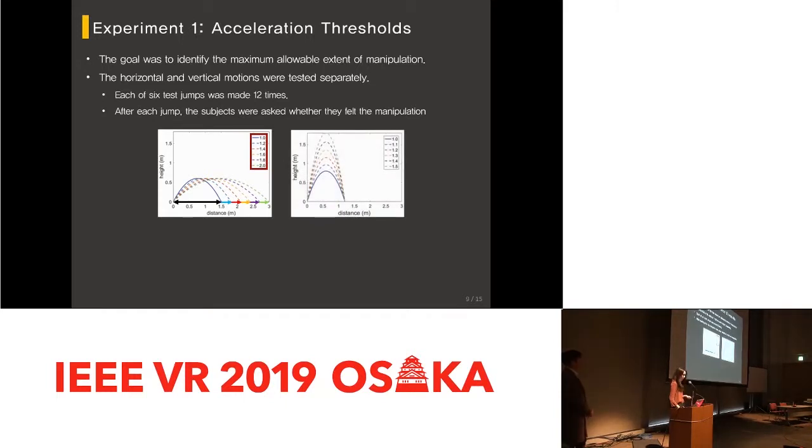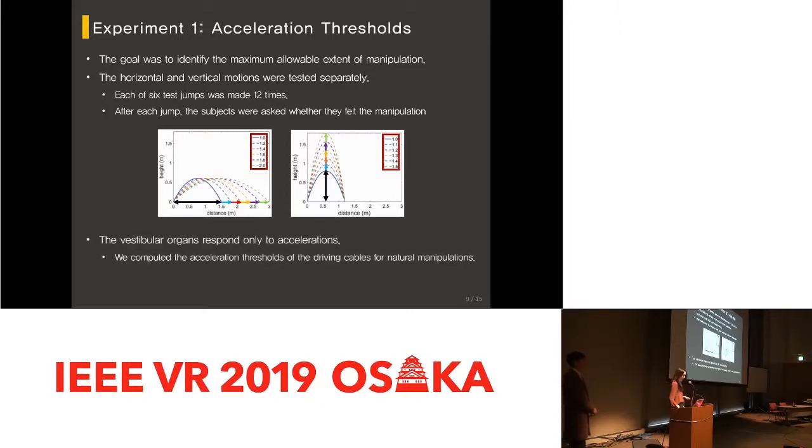Similarly, for the 0.8 meter high safe reference jump, the 1.2, 1.4 multiplication was also done, and the same test was repeated. Here, the discrepancy is between the visual and vestibular organs, and the vestibular organs respond only to accelerations.